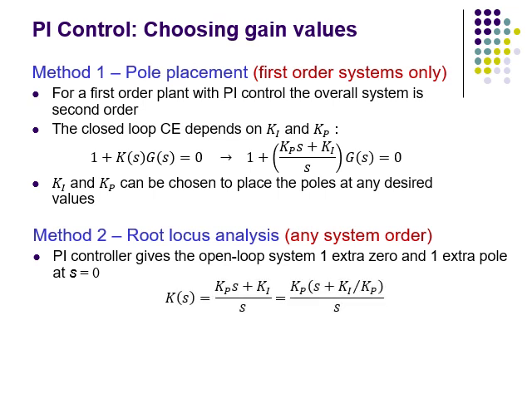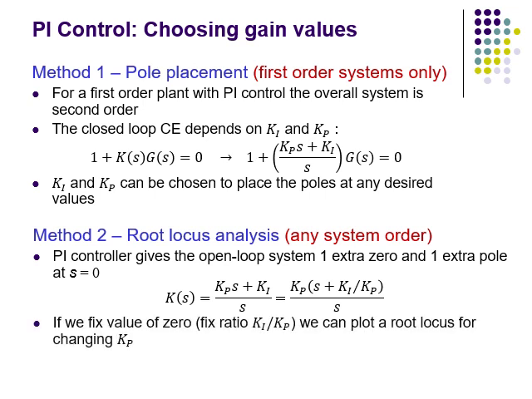The pole of the controller transfer function is always at s equals 0, but the zero depends on the ratio Ki over Kp. So we can set the value of the controller zero by setting the value of the ratio Ki divided by Kp.